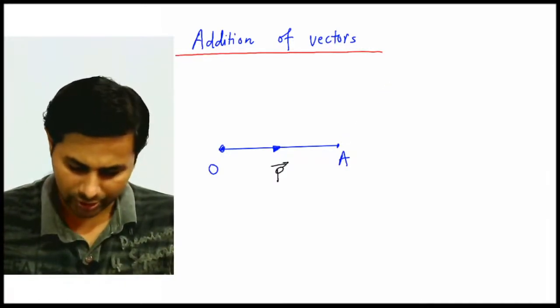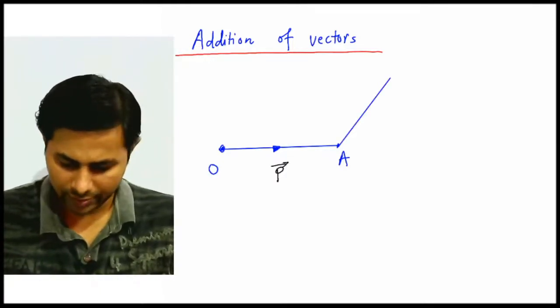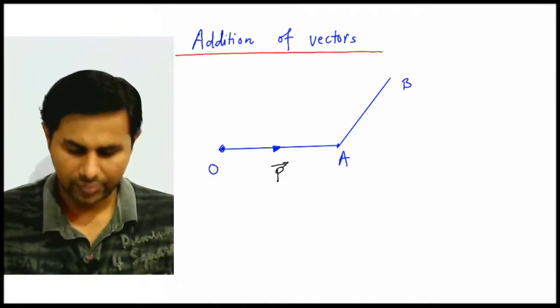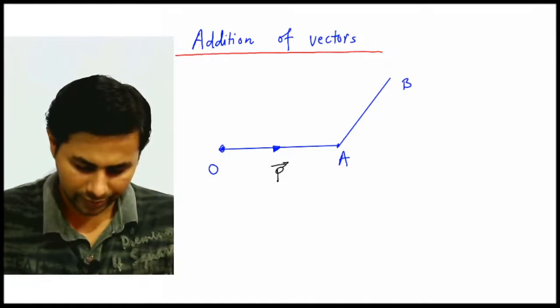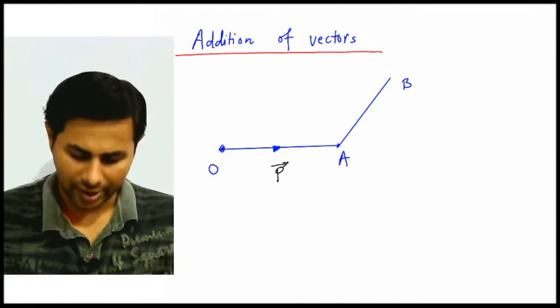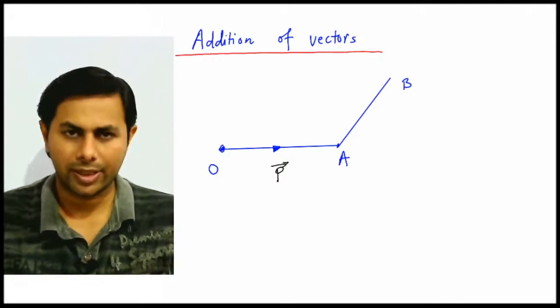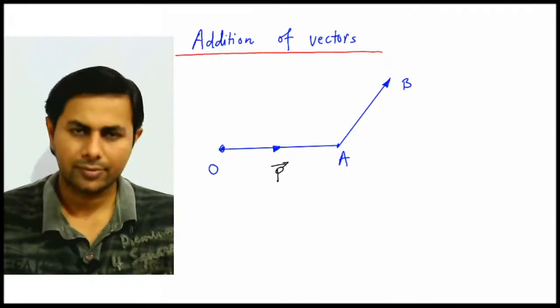So suppose it goes to this point B. So it moves along any path, but it goes from A to B now. So what will be displacement vector? It will be a vector directed from A to B.